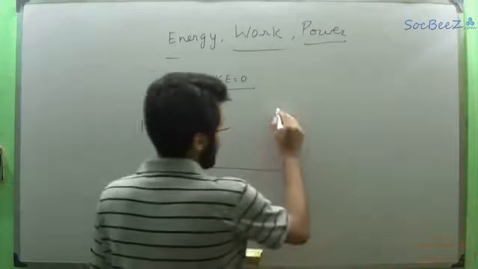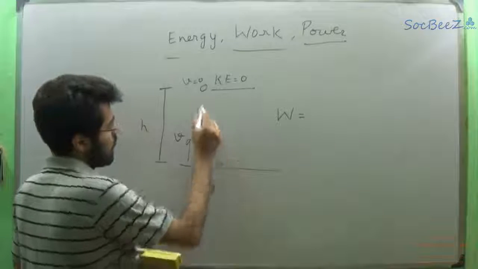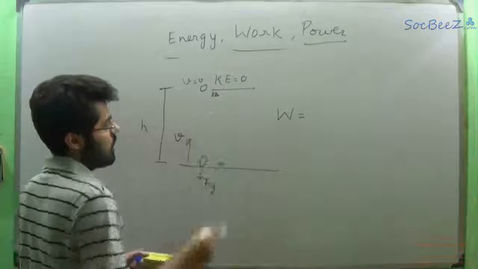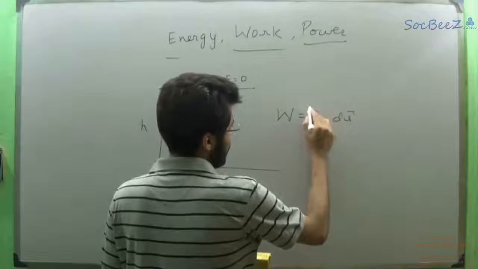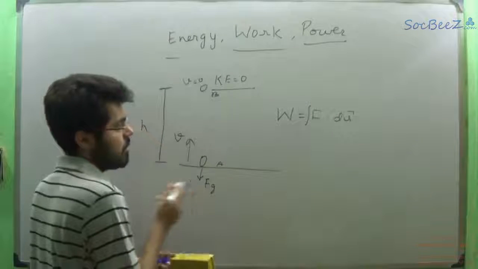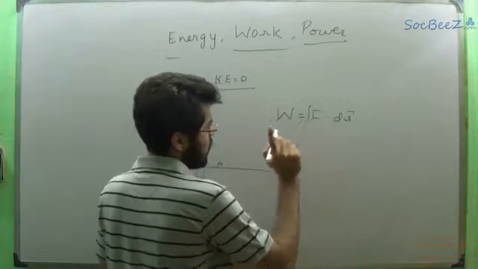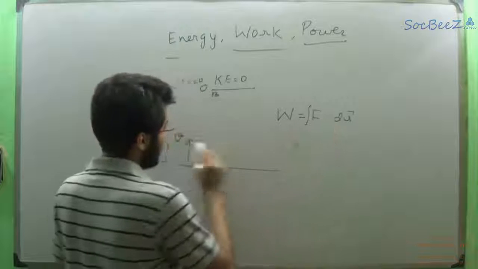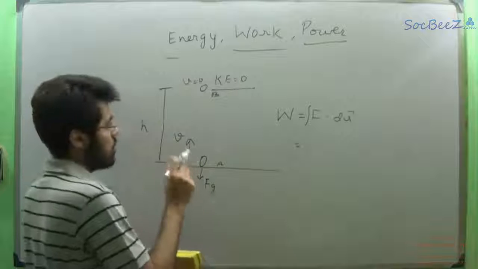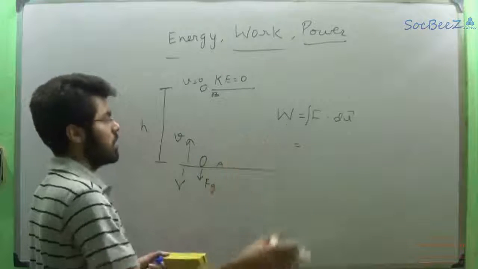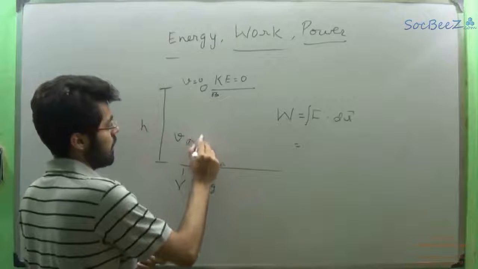Now if I ask you, tell me about the work done from position A to position B. Work done by definition is what? F dot dr. Integration sign we can take out because F is constant, that is mg. But wait a minute. This is dot. Displacement upwards, force downwards. Though the object's velocity is decreasing at every instant of time, yet its displacement is positive y.